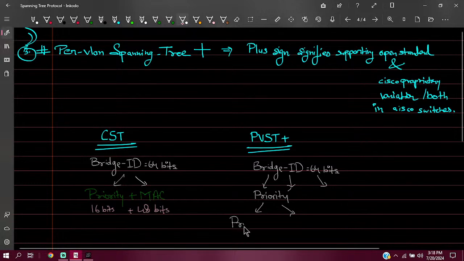Priority value of 4 bits, and it is associated to the extended system ID, which has taken the rest of the 12 bits of the priority value.